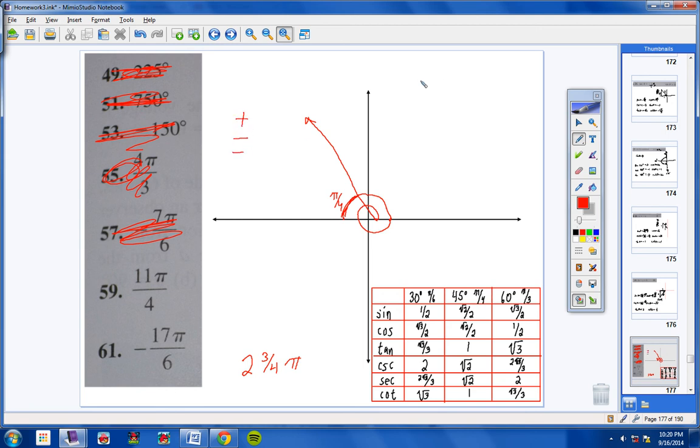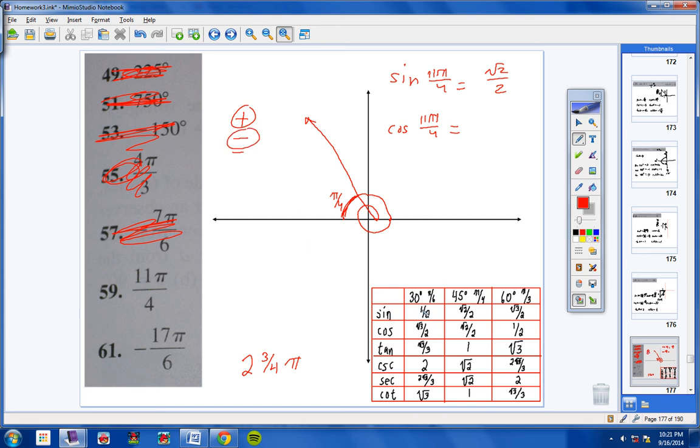So the sine of 11 pi over 4 is the same thing as the sine of pi over 4, which is square root of 2 over 2, and it would be positive because of this. The cosine of 11 pi over 4 is the same thing as the cosine of pi over 4, as long as you remember it's negative.